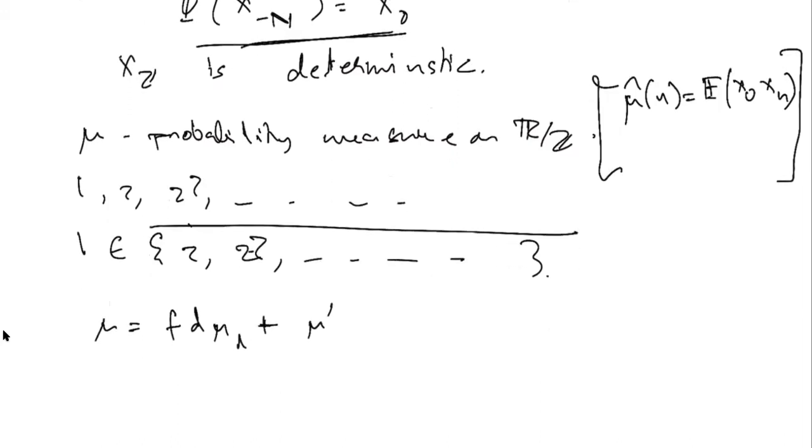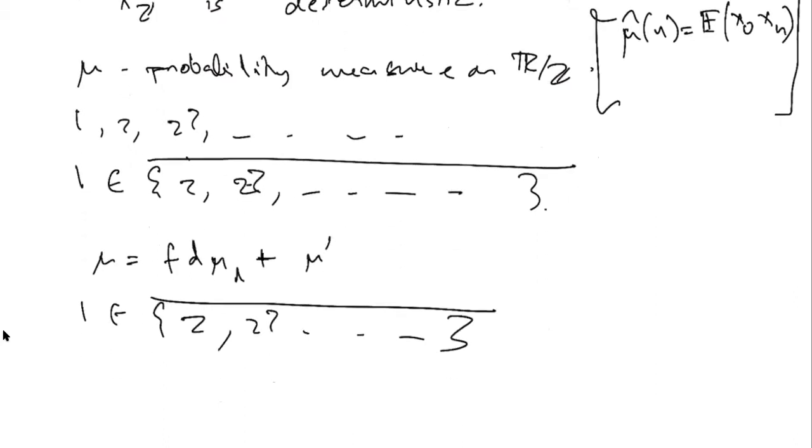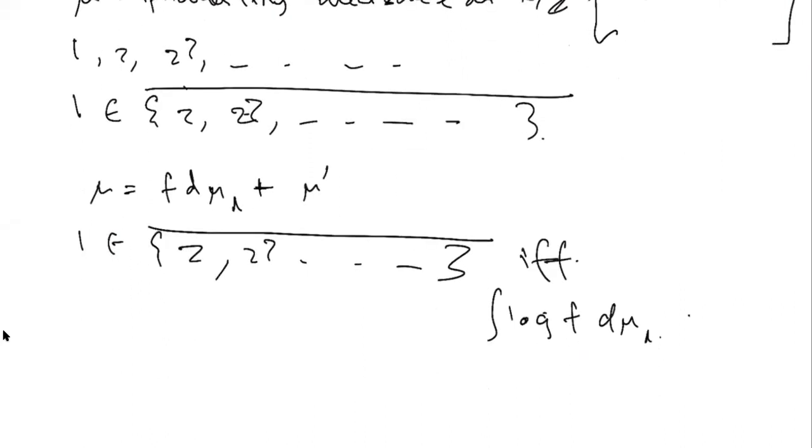And what one can prove is that 1 belongs to this closed linear span of z, z squared if and only if the log of the density with respect to mu l is not integrable. Okay, so I'm a little ashamed that I don't remember the name, but I remember the mathematics somewhat.